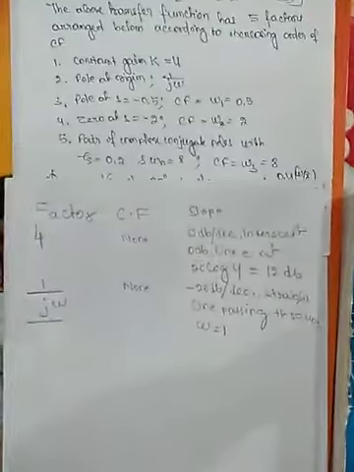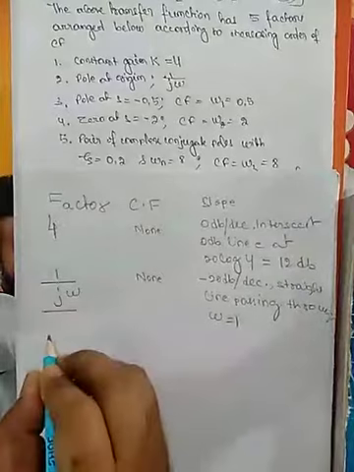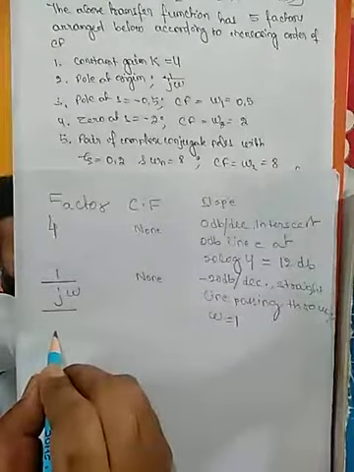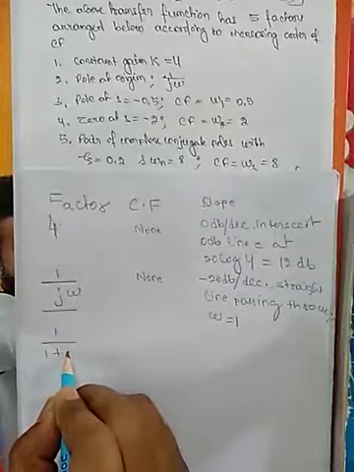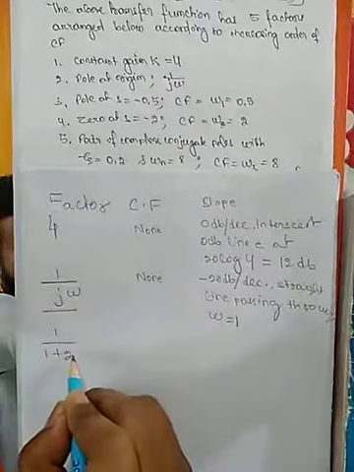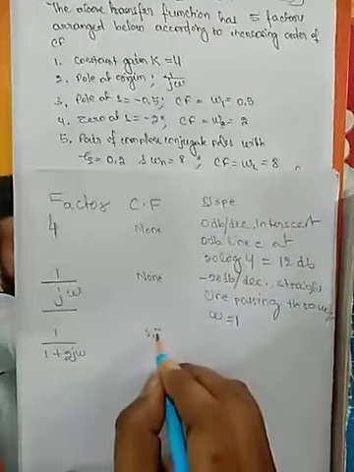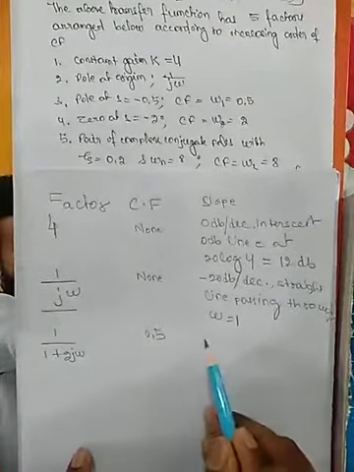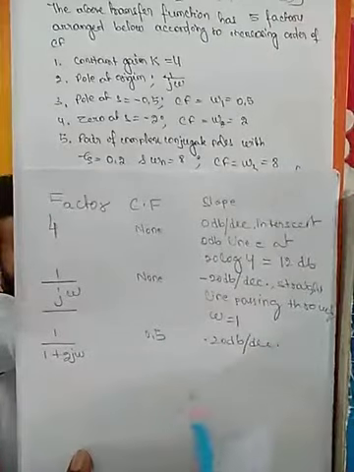Then next, 1 by 1 plus 2 j omega. Corner frequency is 0.5. Its slope is also minus 20 dB per decade.